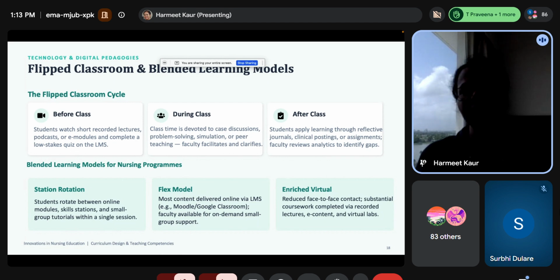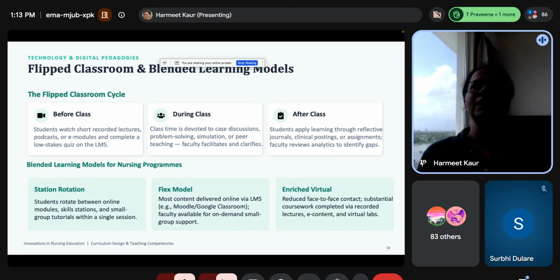Then another method is the flex model. In the flex model, particularly we use some LMS, and in LMS you can use Google Classroom also, and in that LMS you deliver your content online. Particularly we used to use Google Classroom during COVID time, when we did not have much time for actual interaction. So here you can deliver your content through Google Classroom.